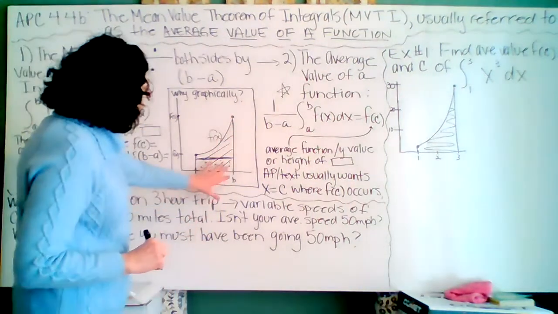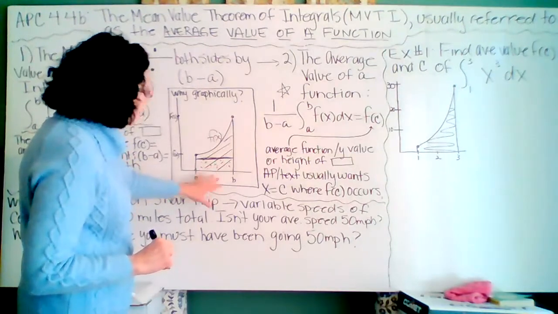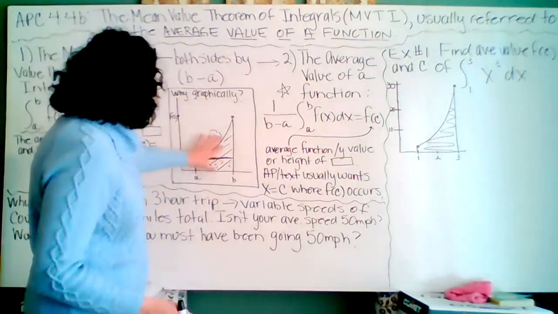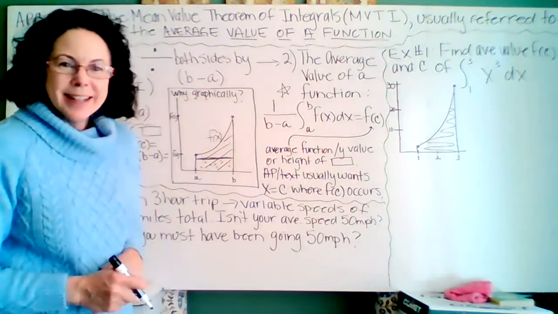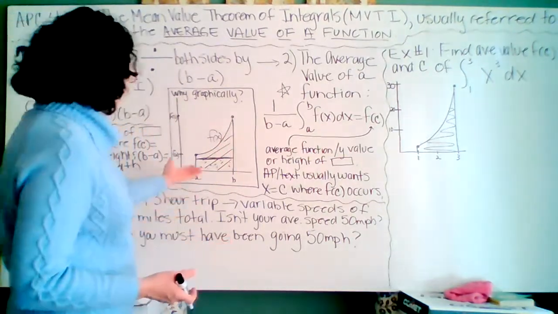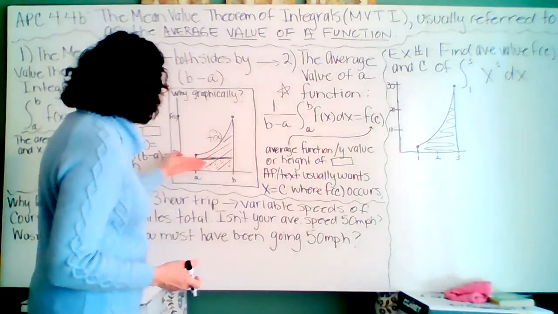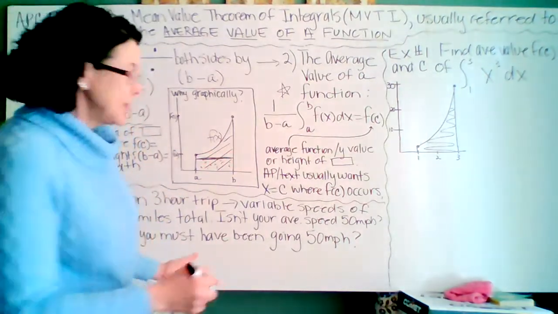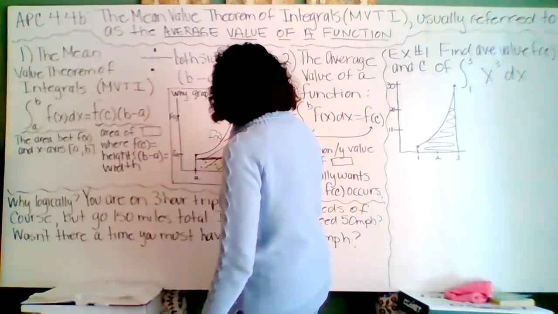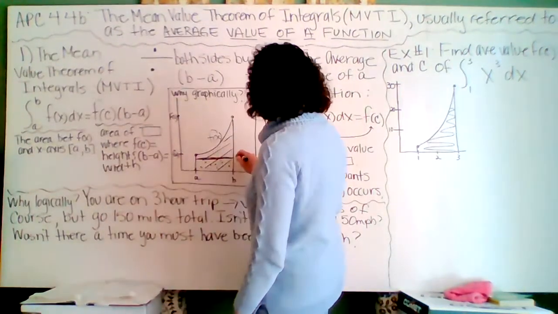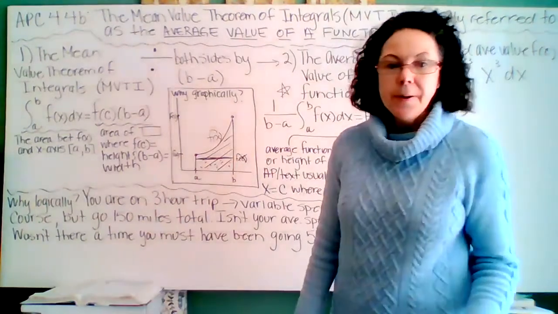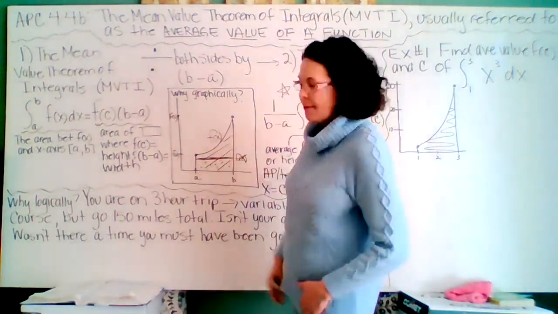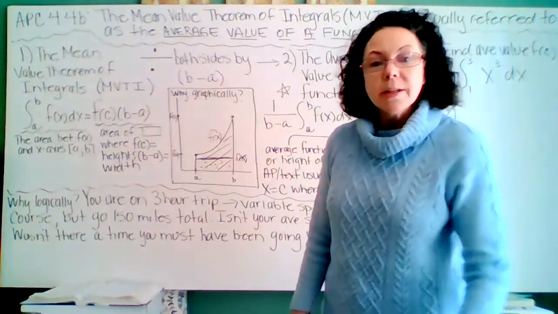So obviously the area of this rectangle that has the dots in it is not equal to the area of the function. It's less than that, because that f of c, that average y value right there, is obviously less than f of x. So this is not the f of c that gets the area equal to what I see. Let's go above it.